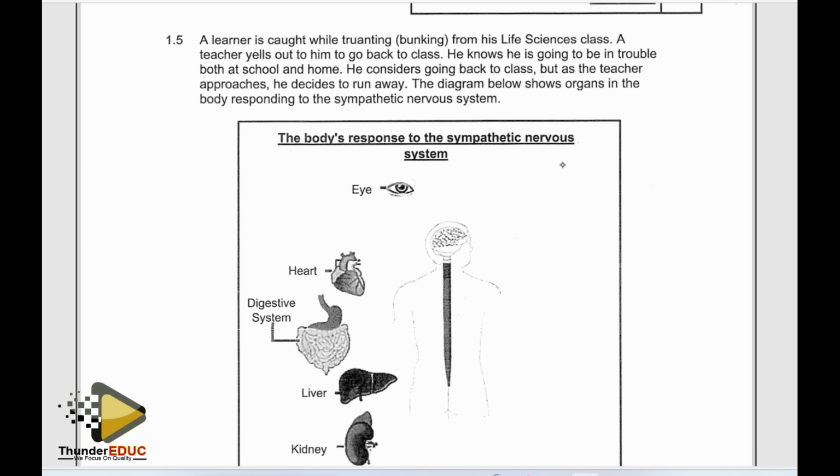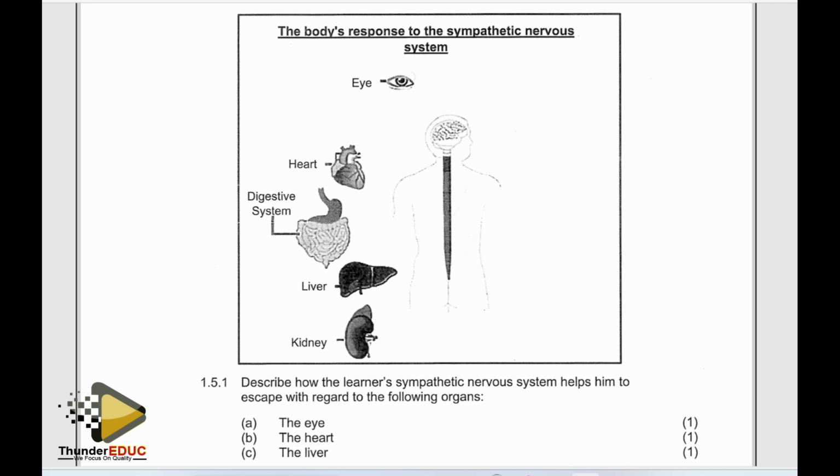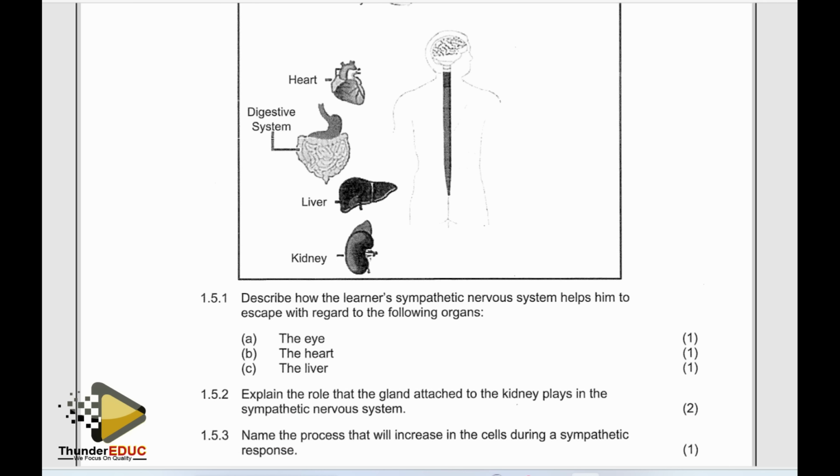The diagram below shows an organ in the body responding to the sympathetic nervous system. Describe how the learner's sympathetic nervous system helps him to escape with regard to the following organs.